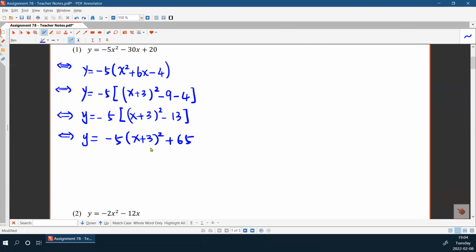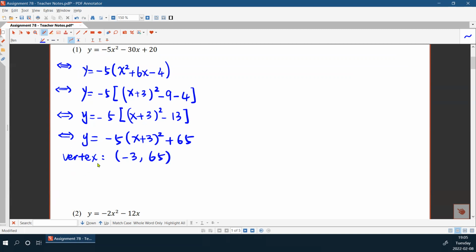Okay, so this is the vertex form, right? This is our h, this is our k, and this is the leading coefficient a. All right, so we can now conclude the coordinates of the vertex are -3 and 65, right?